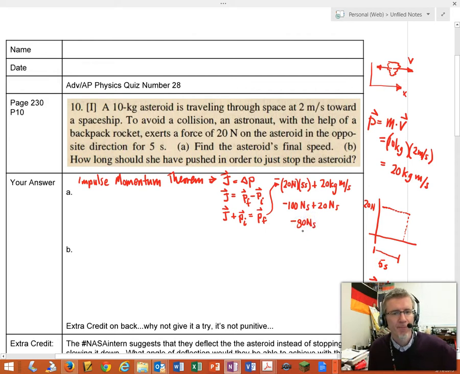So that's the final momentum. Final momentum is mass times velocity, so minus 80 kilogram meters per second equals the final momentum. I'm just changing the units again.